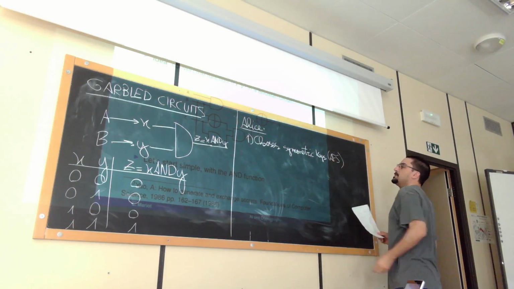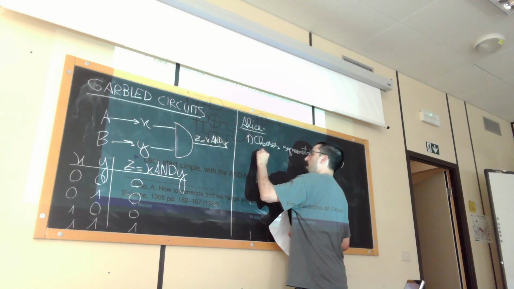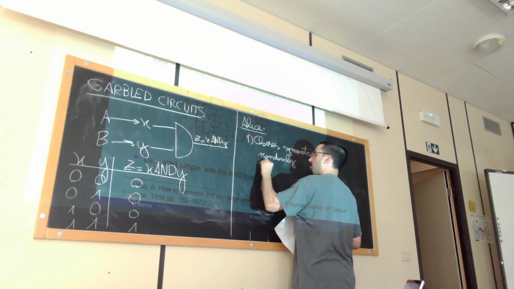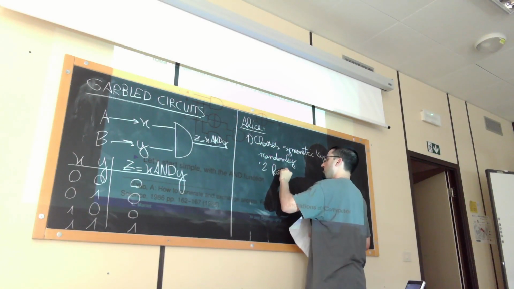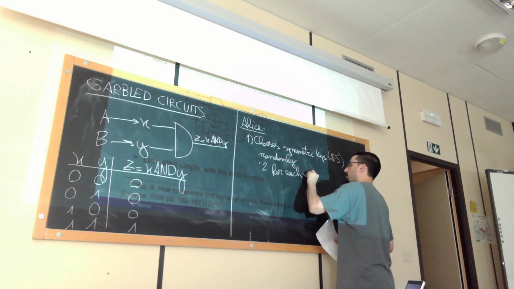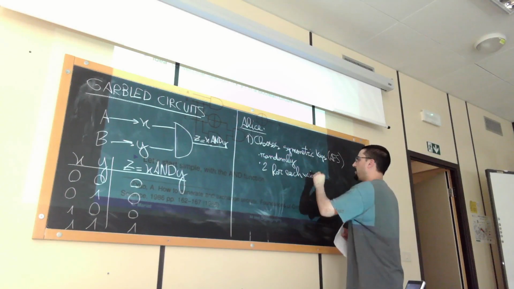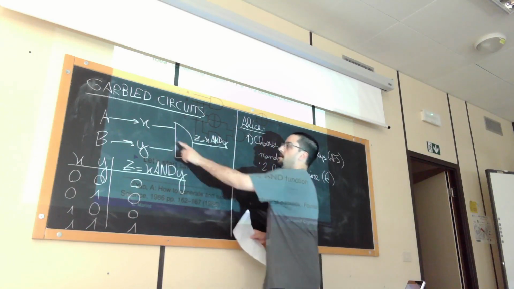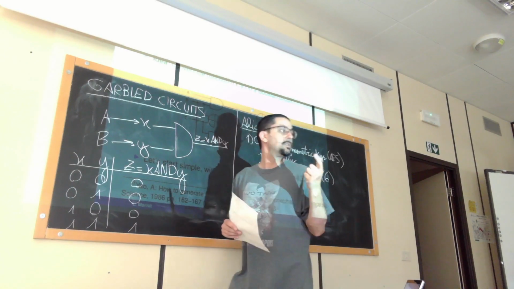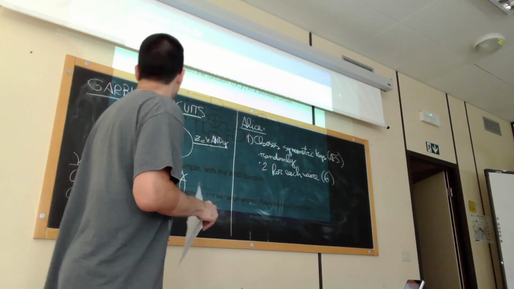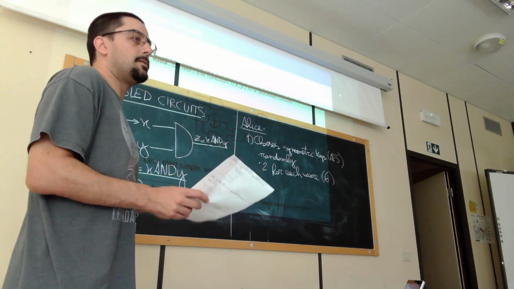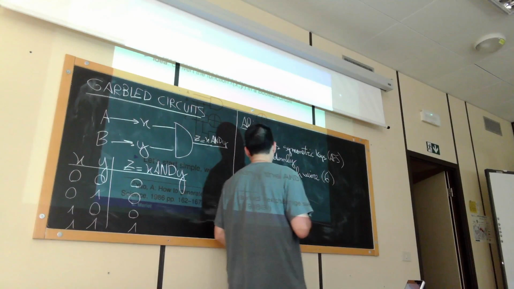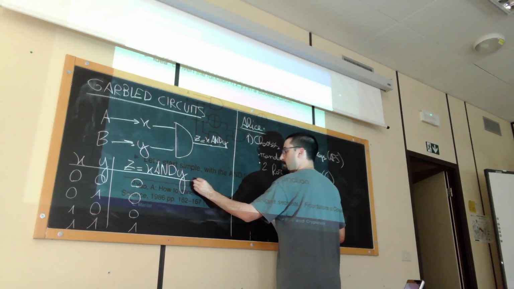She chooses these symmetric keys randomly, and 2 for each wire. So in this case we have in total 6 random keys. Each wire will have 2 random keys associated, and each of these two keys is associated to either 0 or 1. So we can rewrite the table in this way.